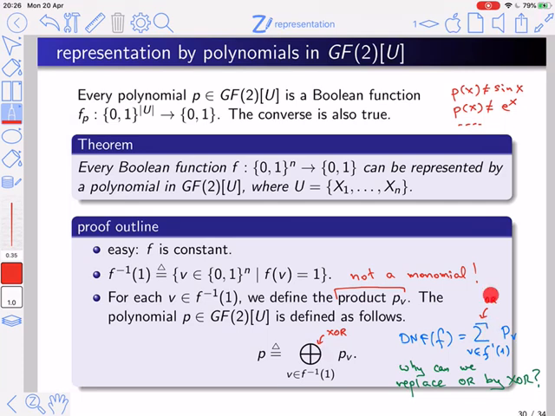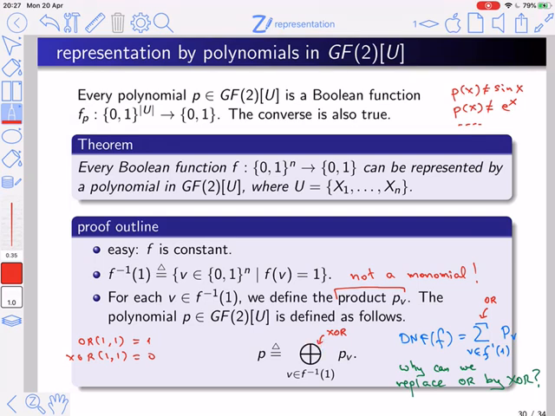Here I have an OR, and here I have XOR. And in general, an OR and XOR are not equivalent, right? Because the OR of 1, 1 is 1, but the XOR of 1, 1 is 0. So it's not clear that if I replace this OR by XOR, nothing changes.